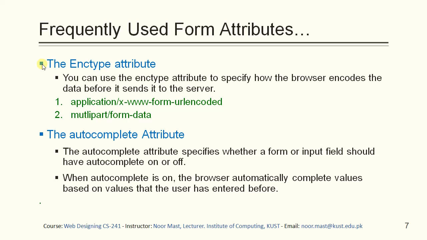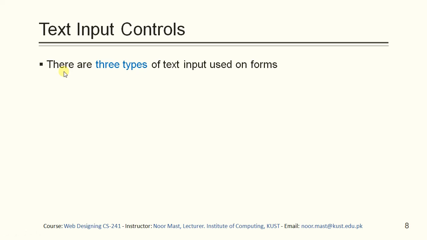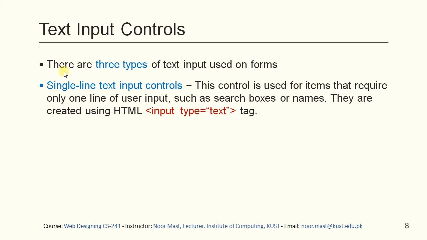Discussing the frequently used form attributes, now it is the time to study and implement the form controls. As we mentioned before, there are three types of control to accept text input. One of them is the single line text input control.